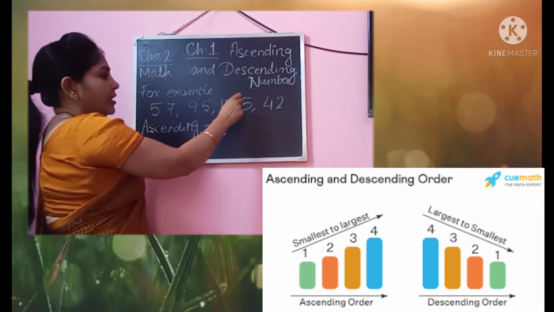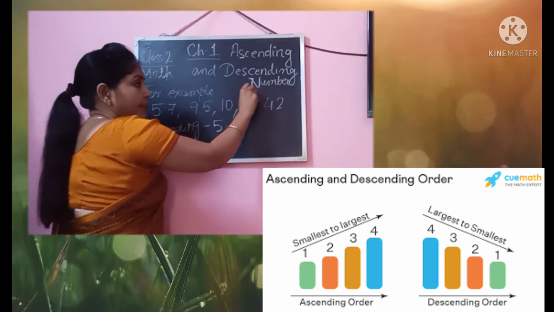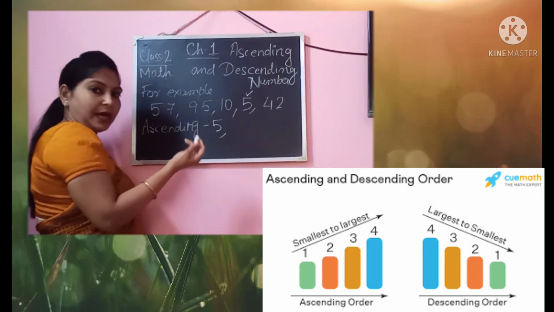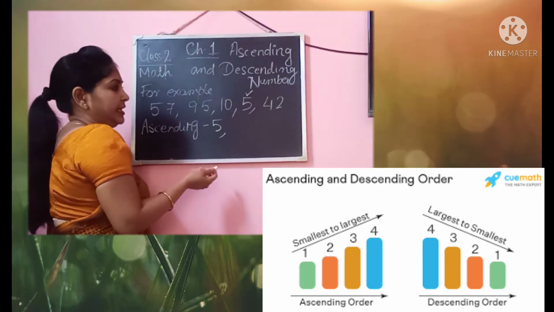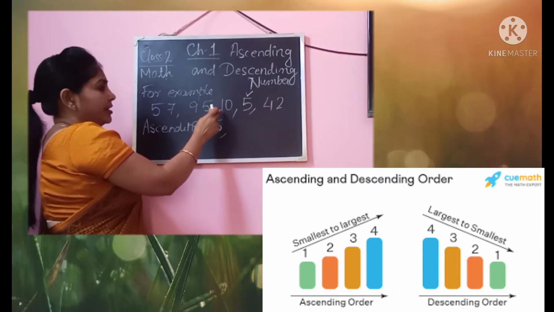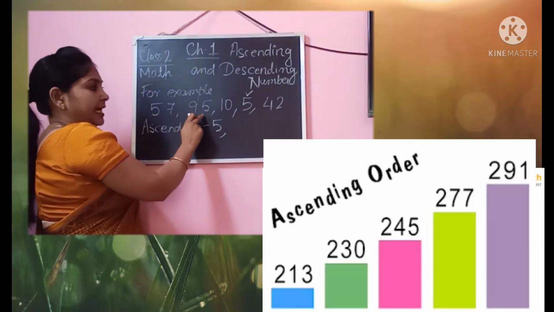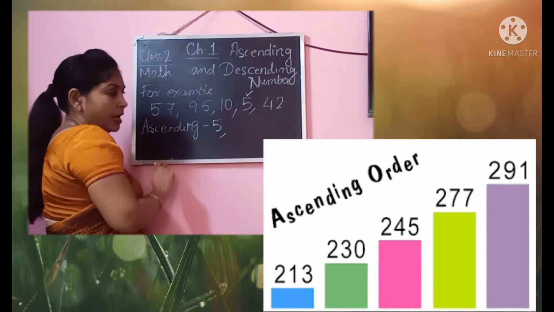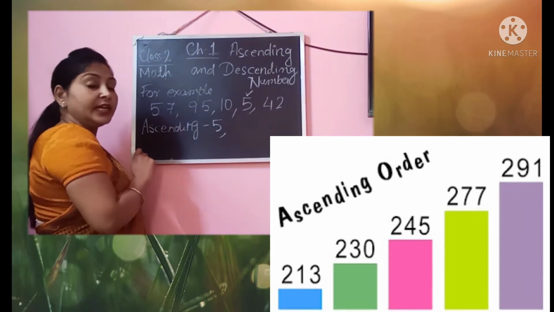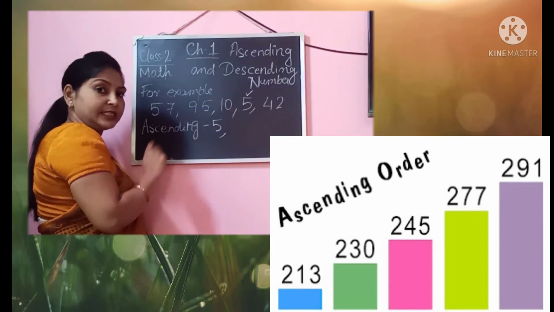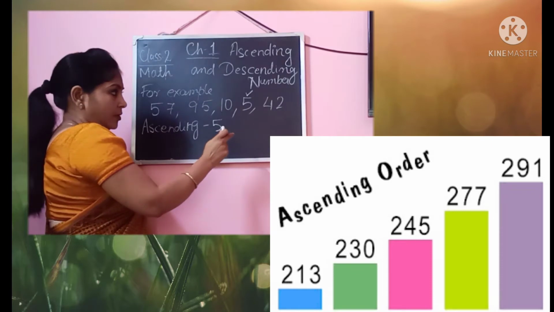Now this is done. So we will put a tick mark here, or a cross mark also you can put for your convenience. Now we are left with 57, 95, 10 and 42. Among these 4 numbers, now again we will compare which one is the smallest.